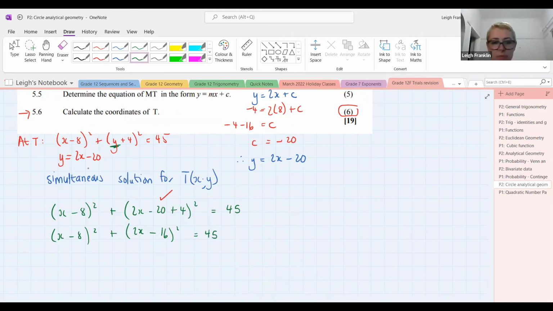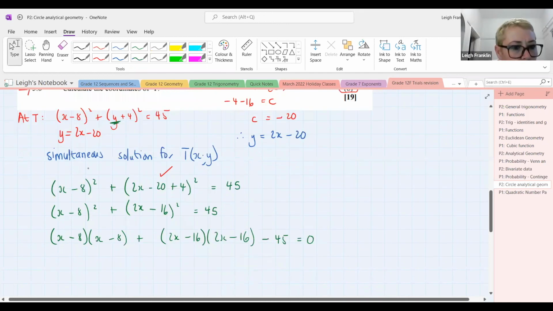Now let's multiply out our brackets. x minus 8 squared means multiplied by itself, and we have to do the same thing with 2x minus 16. I'm going to bring the 45 over to the other side and make it equal to 0 because I want to get things into standard form.